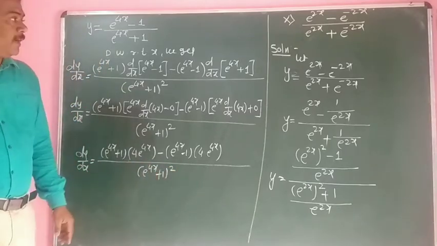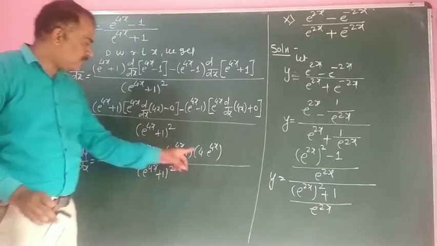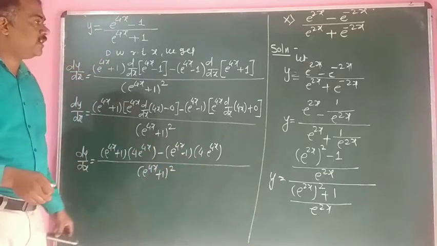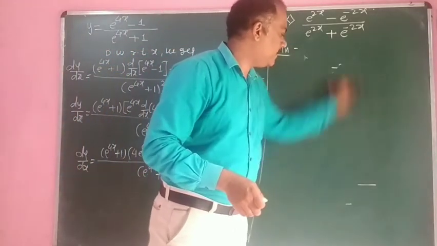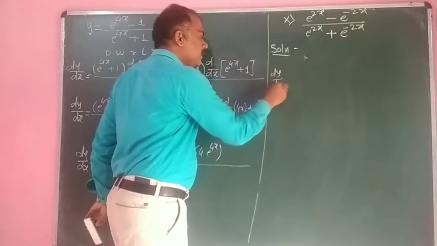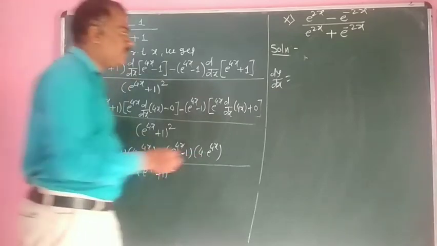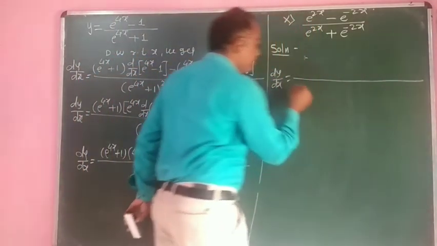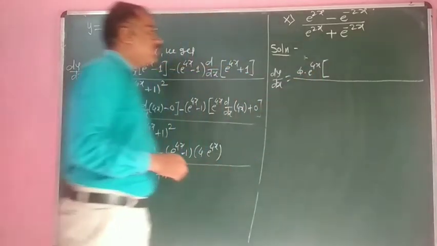Now we have to simplify it. Here we see 4 into e^(4x) in both terms, so we take it common. dy by dx is equal to 4e^(4x) common.